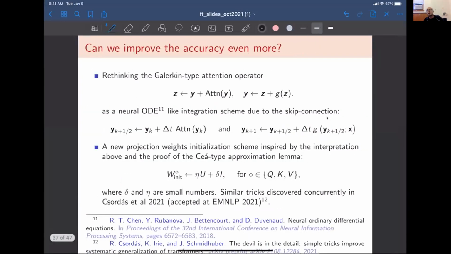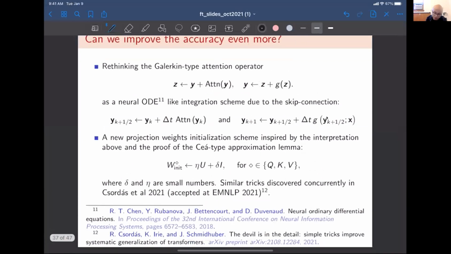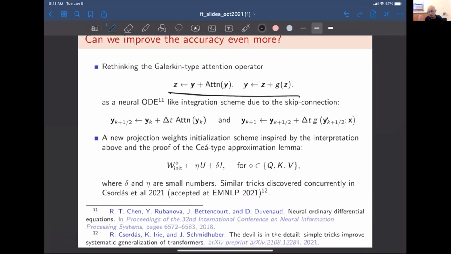But the question is, can we improve it even more? Inspired by other literature, for example, if we rewrite the attention as a neural ODE, this type of integrator scheme, it makes sense to dial down the scheme like a real ODE integrator. It turns out someone else in Schmidhuber's lab also discovered this trick concurrently.